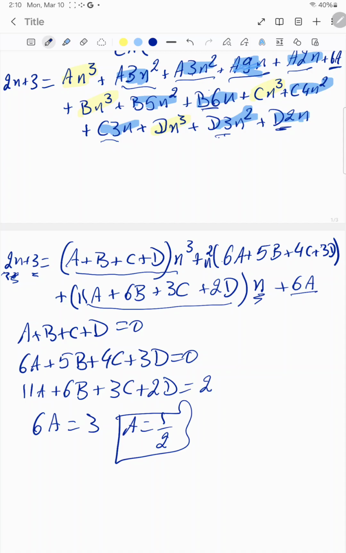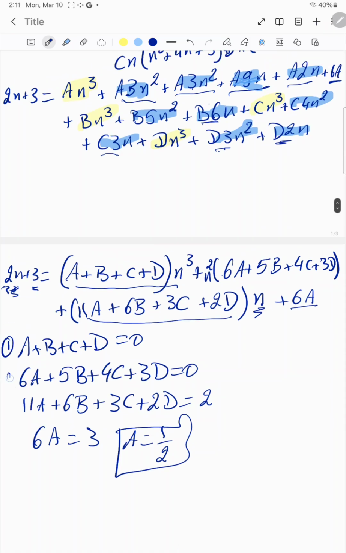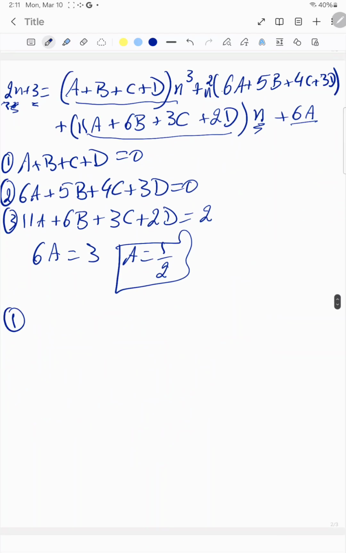If I replace my a here with 1/2, I will call these number 1, number 2, number 3. So formula number 1 gives me b plus c plus d equal to minus 1/2, because a I brought to the other side of the equality, it becomes minus 1/2. If I want to isolate one variable, let's isolate my c. So my c is equal to minus 1/2 minus b minus d.